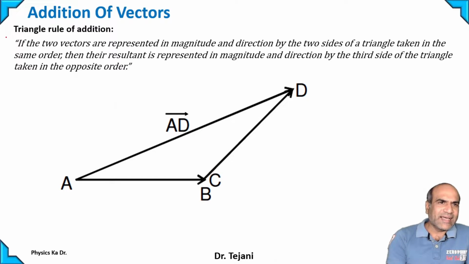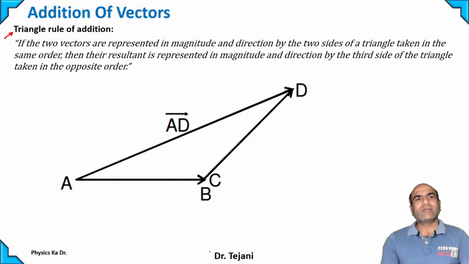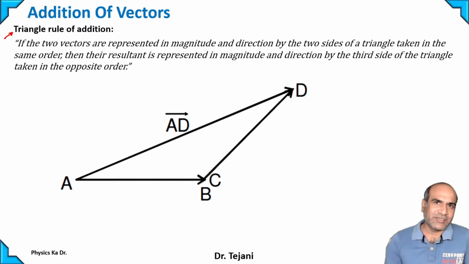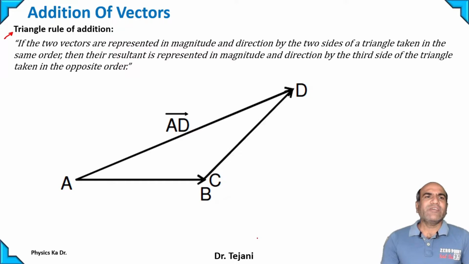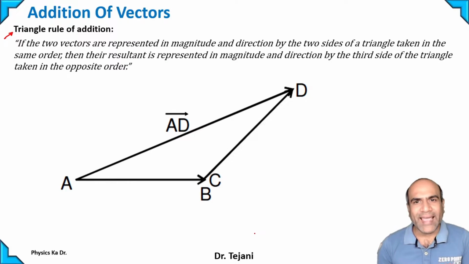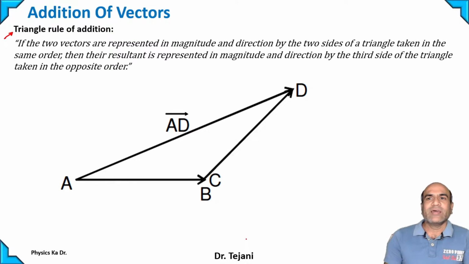Now next, let us do addition of vectors. There is a rule called the triangle rule of addition. If two vectors are represented in magnitude and direction by the two sides of a triangle taken in the same order, then their resultant is represented in magnitude and direction by the third side of the triangle taken in the opposite order.